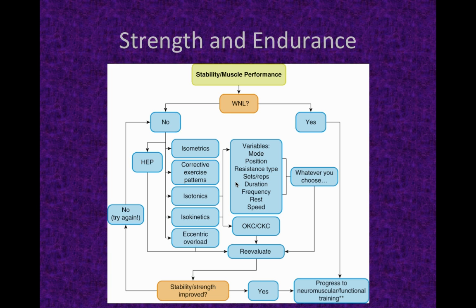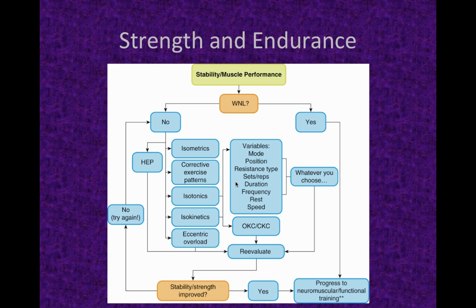Once they're moving through full range of motion with their maximal effort on weight, then you go into doing open and closed chain exercises in the isotonic mode. So now you're trying to start moving into more functional movements. And then isokinetics is something that I will show you during class when we talk about strength and endurance. With isokinetics, you use more sophisticated machines, which you may or may not see in the clinic, where somebody is moving against a given speed.